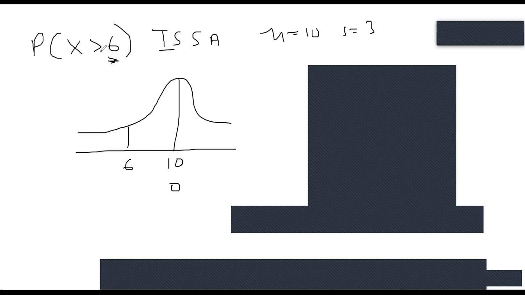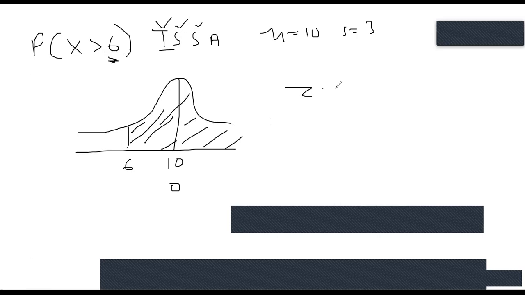Shade between 6 and 10. It says greater. So the mistake people will make is just to shade between there. But it's greater, even this side is greater. Shade until you shade normal. It's on the right side of 6. So this whole area here. Are we together? So we've illustrated and shaded. Now we need to standardize. What's the formula for standardizing? Z is equal to what? X minus what? Mu over standard deviation.